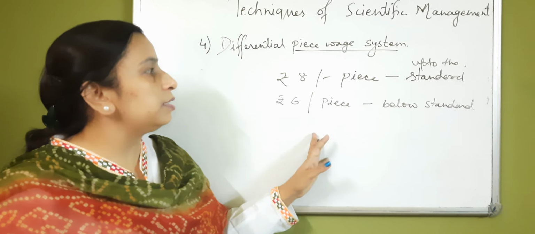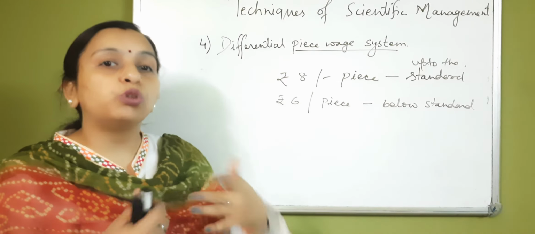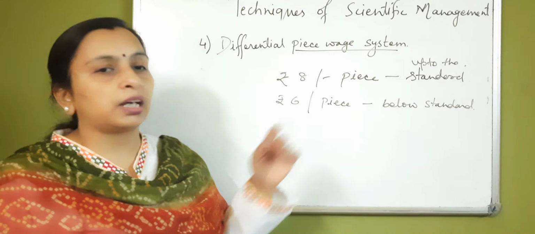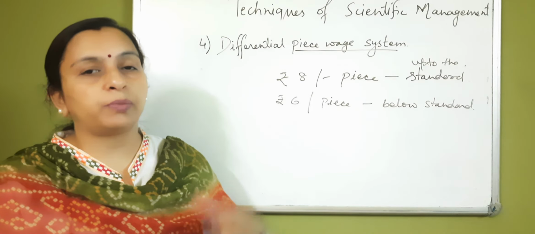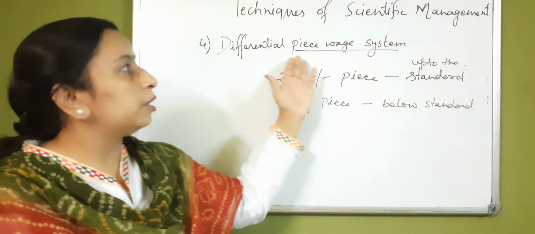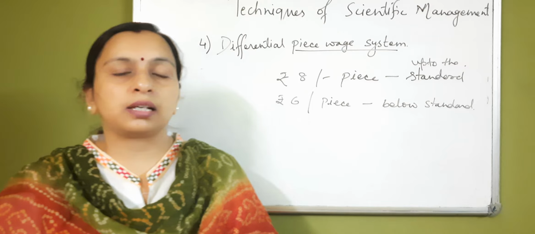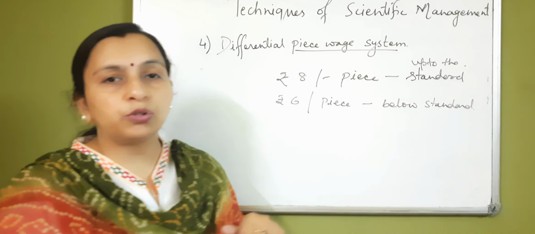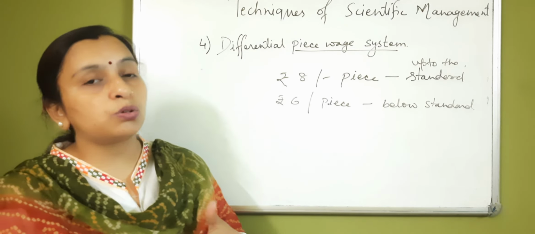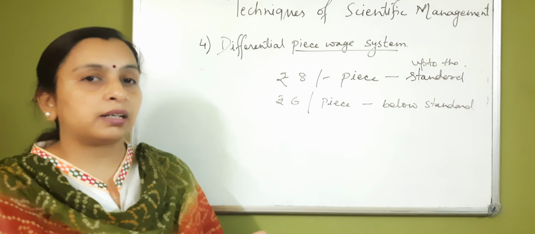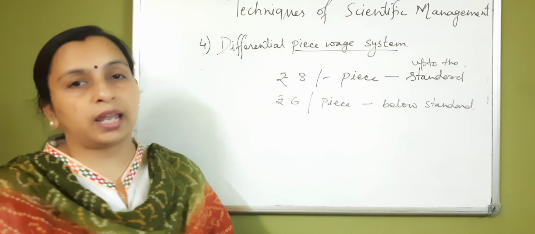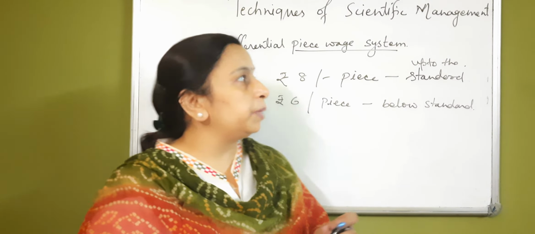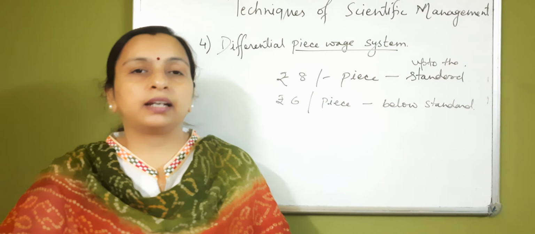So this difference in the wage rate motivates the workers to produce the maximum quantity, to reach the target, to produce beyond the target, to maximize production. Taylor has suggested that this technique should be adopted. Then the efficient worker will be motivated, and the inefficient will also be motivated to come up to that level, so that they will also get rupees 8 per piece or higher wages. So with this we complete the techniques of scientific management.